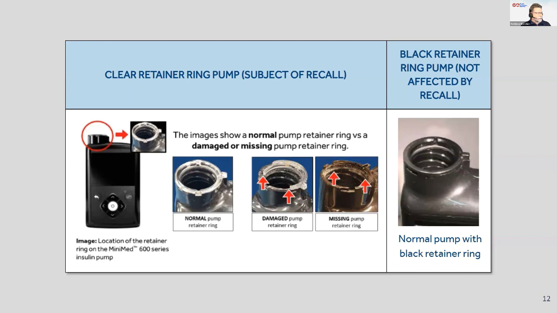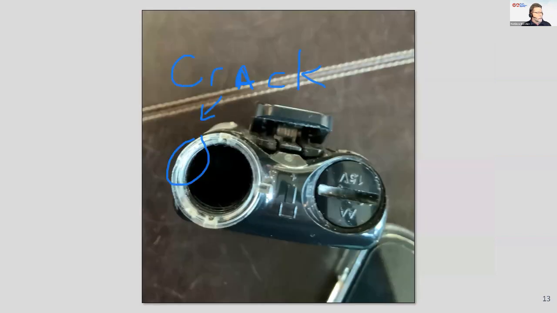And in practice, this is what it looks like. This was the original photograph that was sent to me by an attorney who was supporting one of these patients who had died. And the question was, to what extent was the failure of the device, the crack, as you can see it noted here, to what extent this might have contributed to the patient's negative outcome.